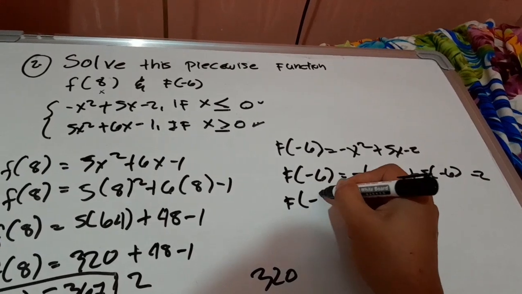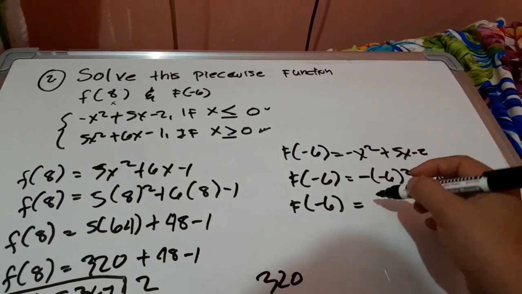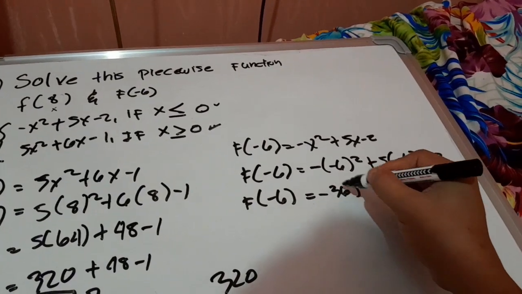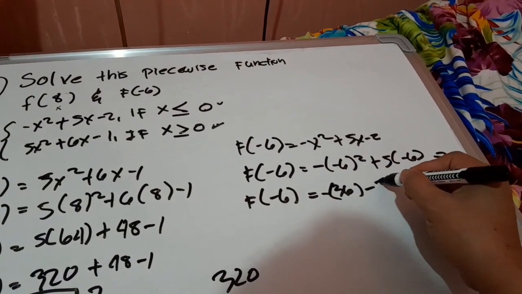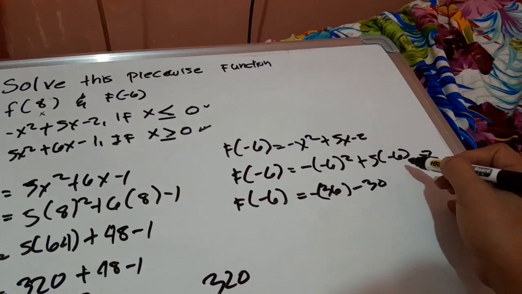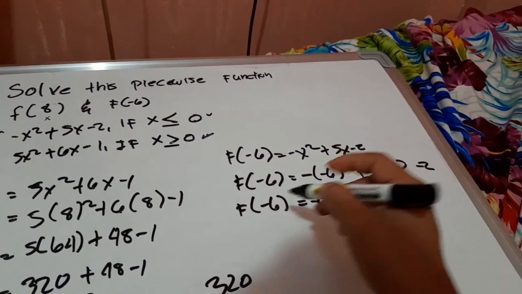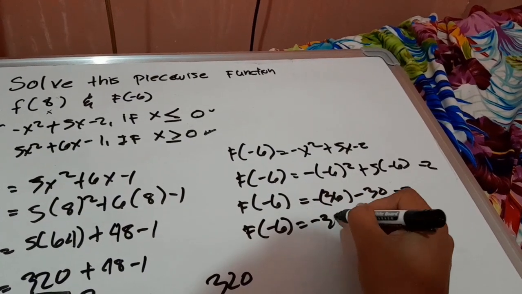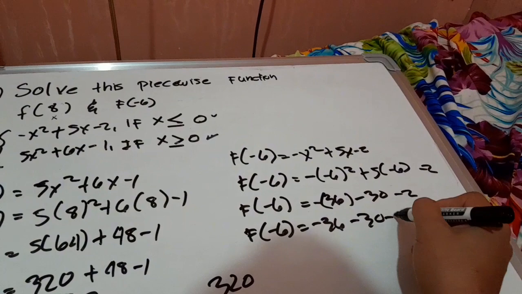F of negative 6 equals negative 36. 5 times negative 6 equals negative 30, then minus 2. So f of negative 6 equals negative 36 minus 30 minus 2.